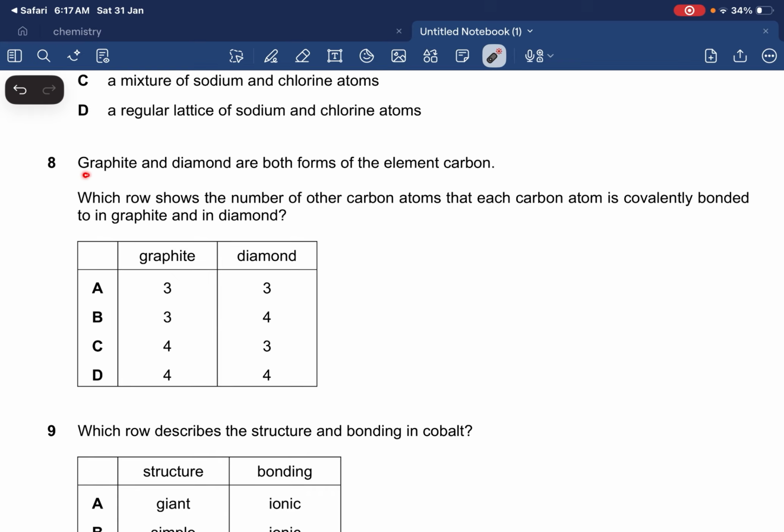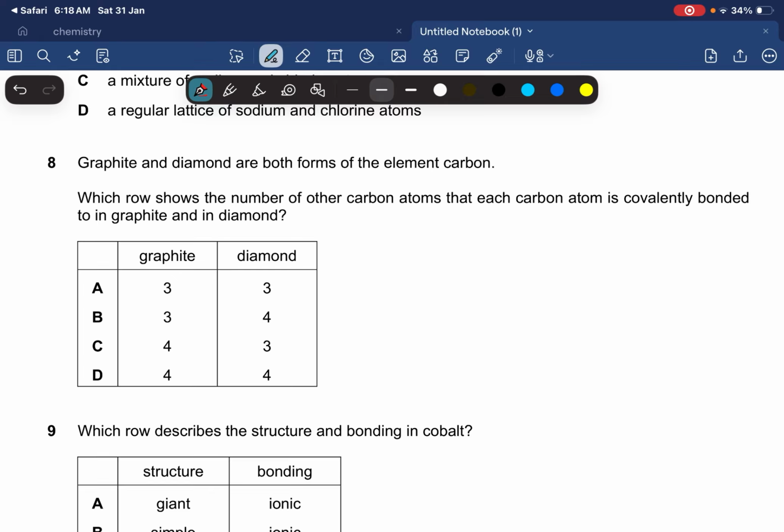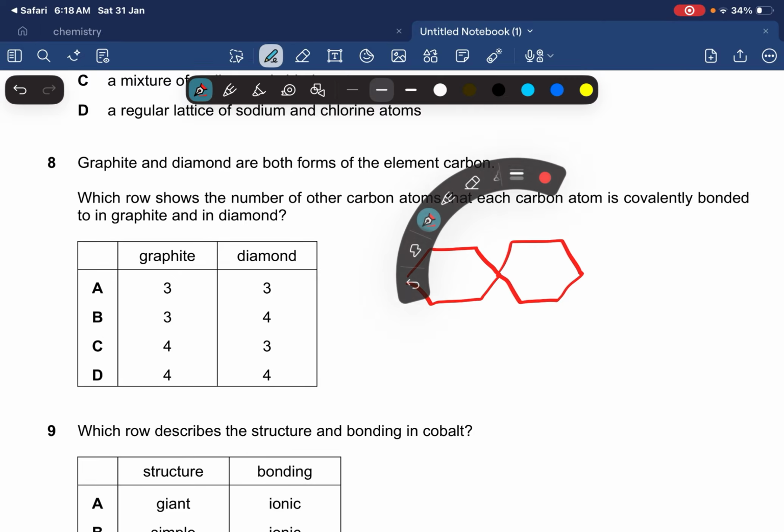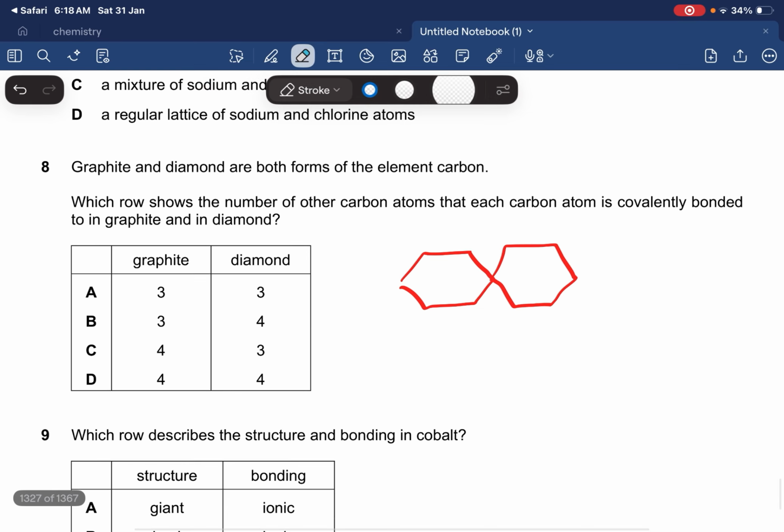Graphite and diamond are both forms of the element carbon. Which shows the number of other carbon atoms that each carbon atom is covalently bonded to in graphite and diamond? In graphite, you have hexagonal rings, something like this. I've not drawn them properly, but yeah, you have hexagonal rings. And in the hexagonal rings, each carbon atom is covalently bonded to 3 other carbon atoms.